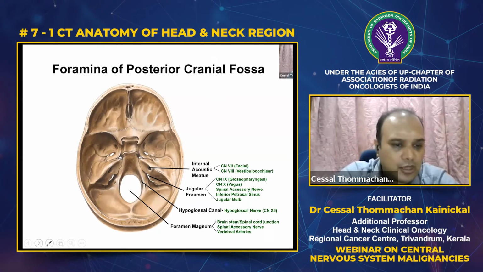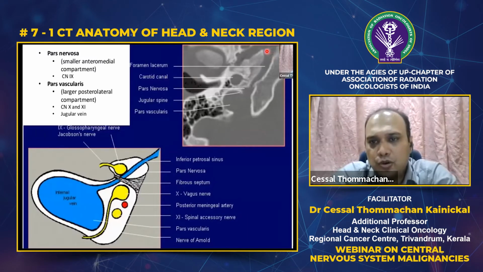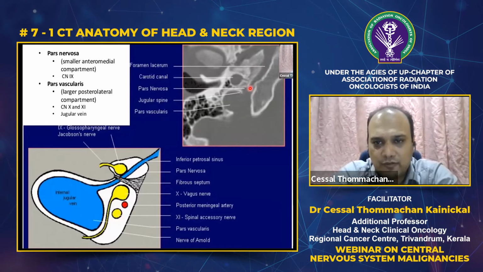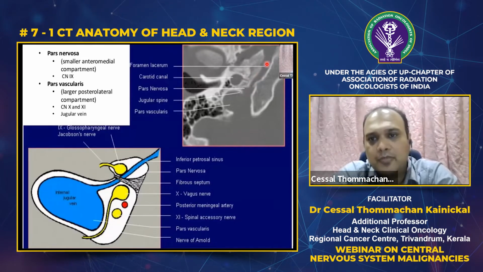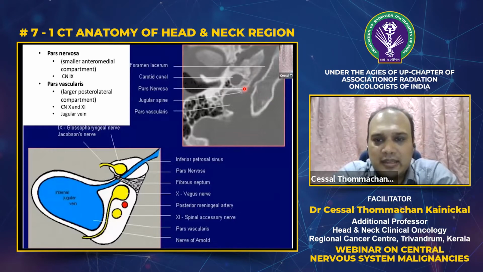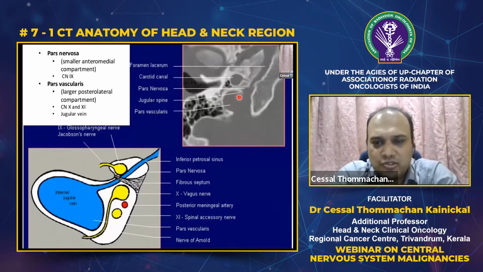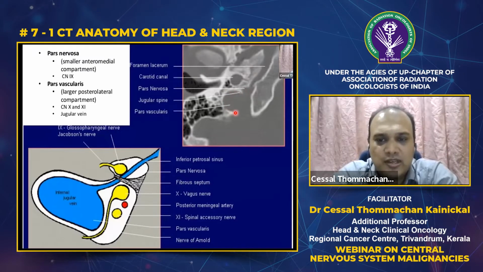Now coming to the jugular foramen. I have already told you that the foramen lacerum is connected to the jugular foramen through the petro-occipital fissure. So this is the area. Then you have 2 components. This is called the pars nervosa. Pars nervosa is more anterior and more medial, and pars vascularis is more posterior and more lateral.